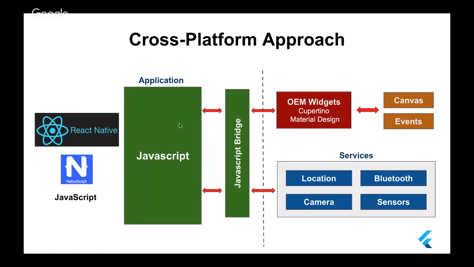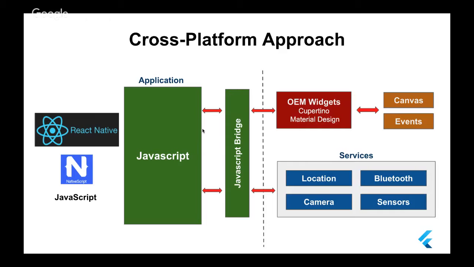So what is the problem with this approach when I'm using React Native or NativeScript? The main problem is that there are two threads running in your application: the UI thread that displays the user interface, and the thread that's running the JavaScript. The device needs to switch from one thread to the other, and that causes some delay in your application.